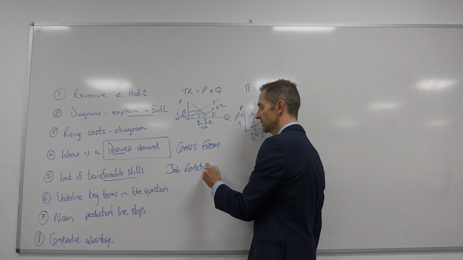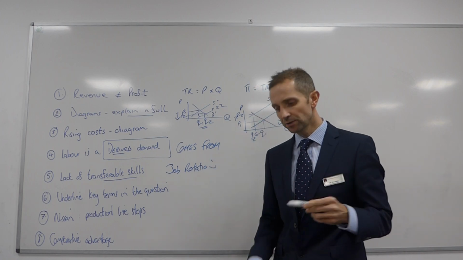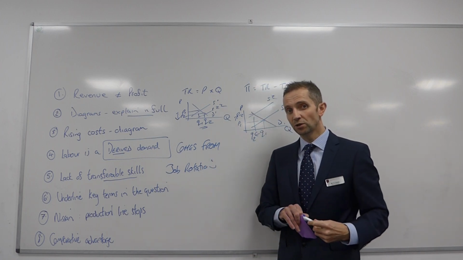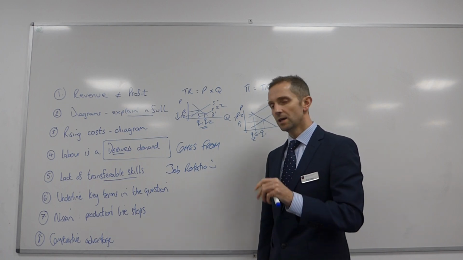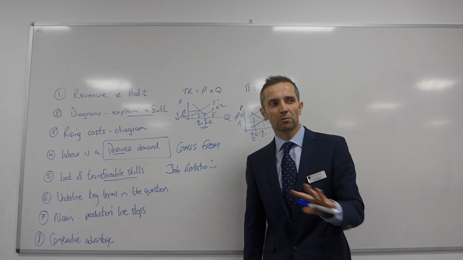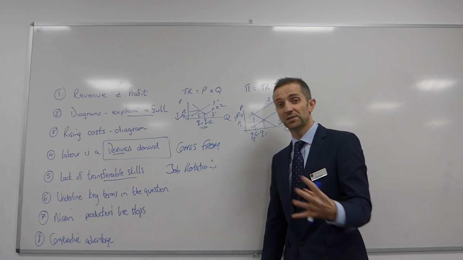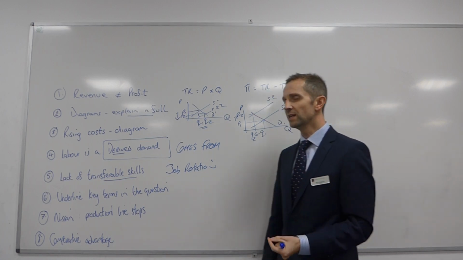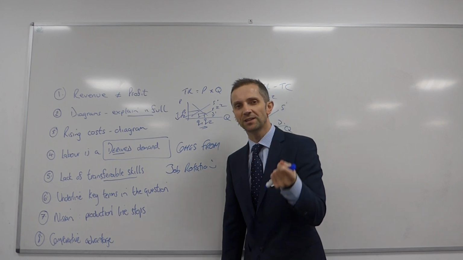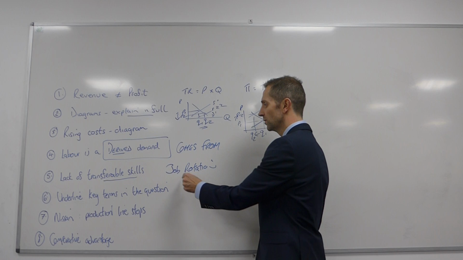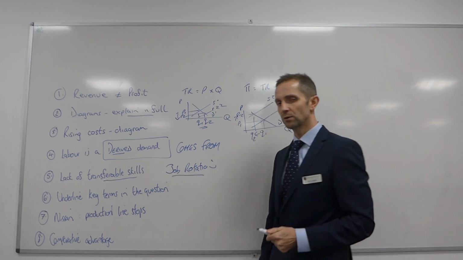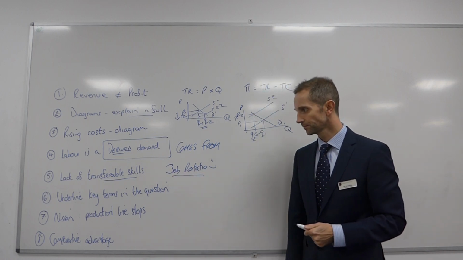So rather than doing the same job day in, day out, which, as many of you have pointed out, could over time become monotonous and a little bit tiresome, well, your employer might rotate you around different areas and different business functions so that you maintain that interest, that enthusiasm, that motivation. So transferable skills, way to overcome it might be this notion of job rotation.